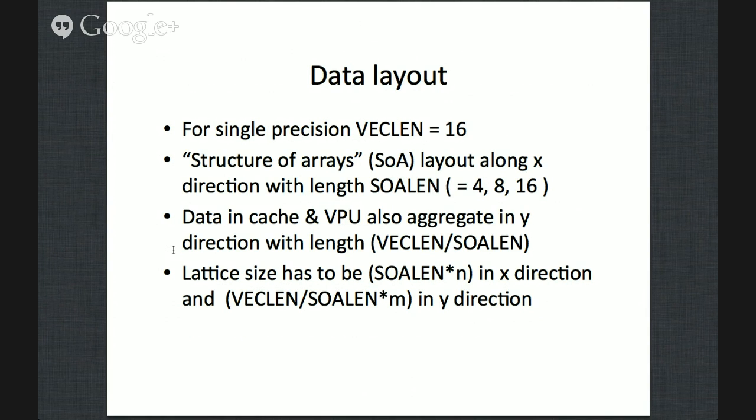So in this case the total number of data grouped would be of length vec length. And the lattice size has to be the SOA length times n in the x direction, and the vec length divided by SOA length times m in the y direction, where n and m are integers.